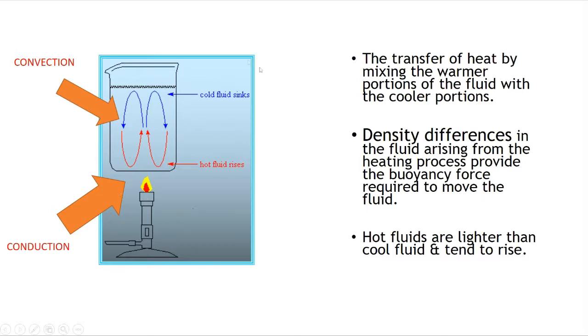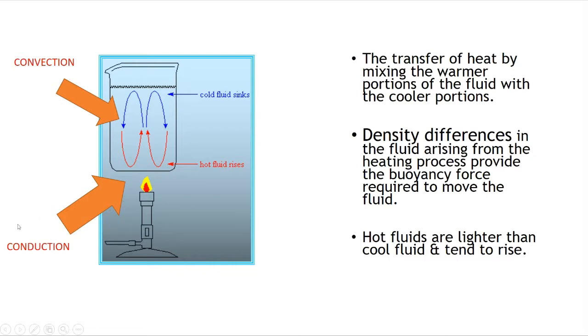In this picture also, we can see there are conduction and convection taking place. Convection is the transfer of heat by mixing the warmer portions of the fluid with the cooler portions. The density differences in the fluid arising from the heating process provide the buoyancy force required to move the fluid. The hot fluids are lighter than cool fluid and they tend to rise.